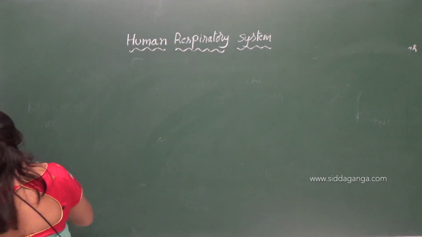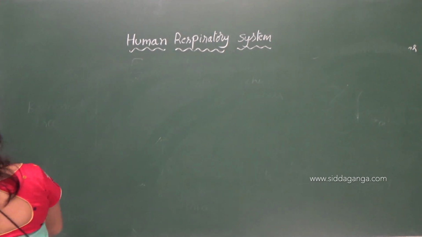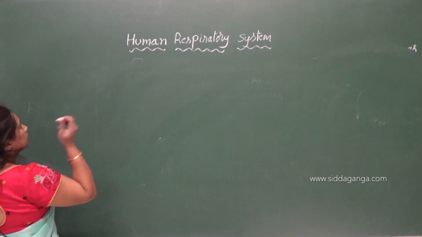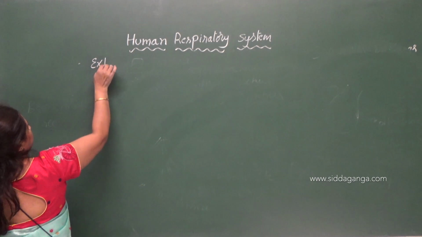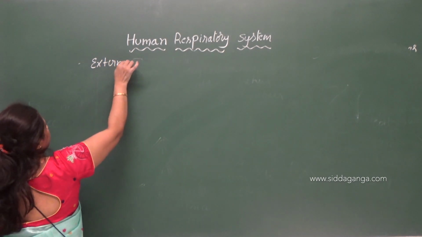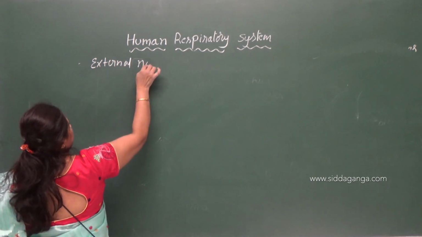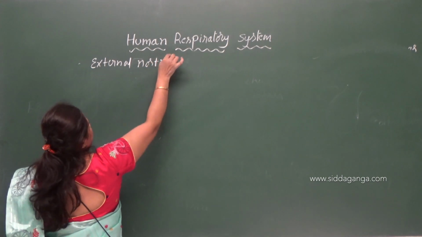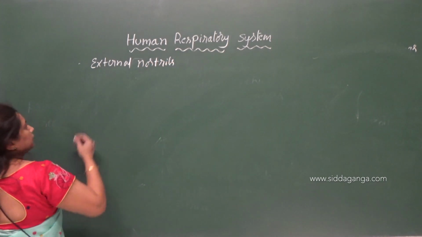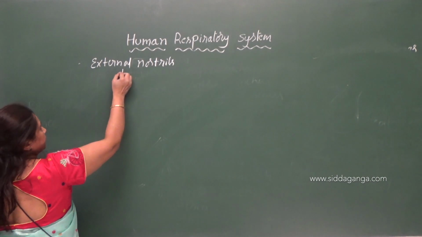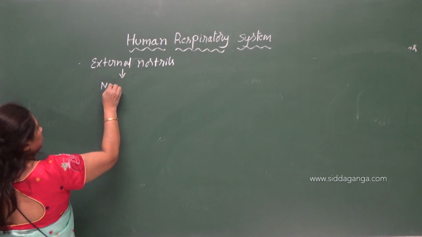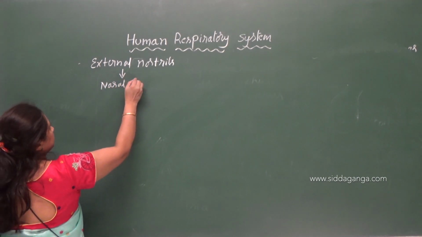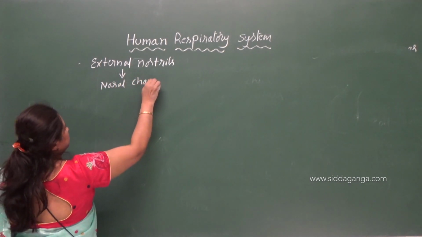See, the respiratory tract begins with external nostrils, followed by the external nostrils opens into nasal chambers.